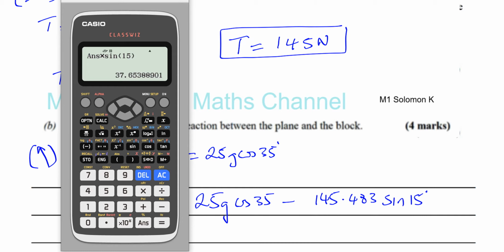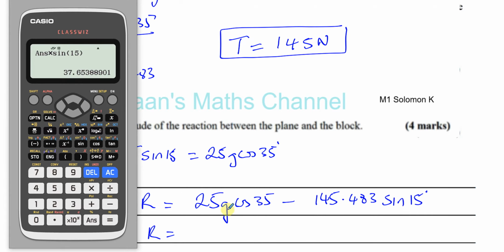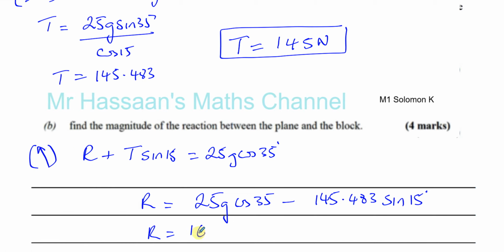So what I'm going to do is type 25 times 9.8 times cosine 35, minus the answer that we had, and that gives us 163.038.